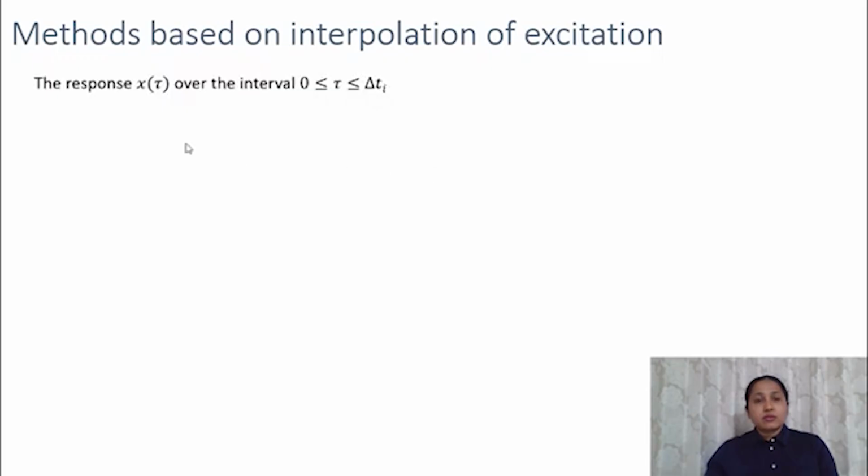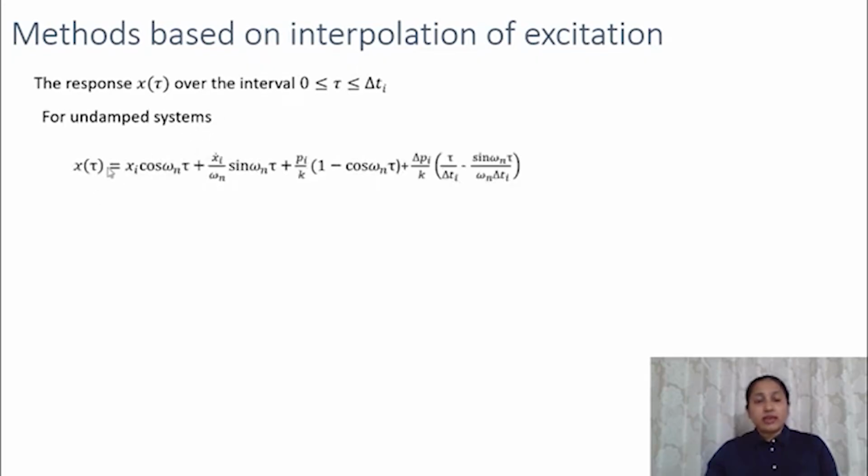So the total response in this interval, for undamped systems, is equal to x tau, this xi cos omega n tau plus x dot i, that is the velocity, divided by omega n sin omega n tau. So that is the free vibration response, and the total response will be free vibration plus vibration due to step force, and that is equal to this, and this we have derived earlier.